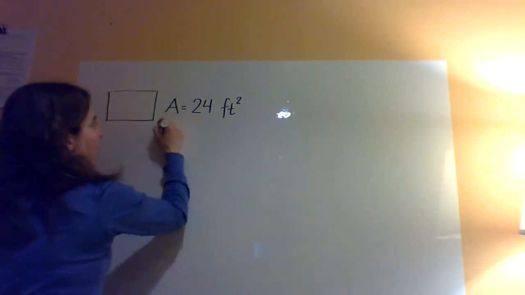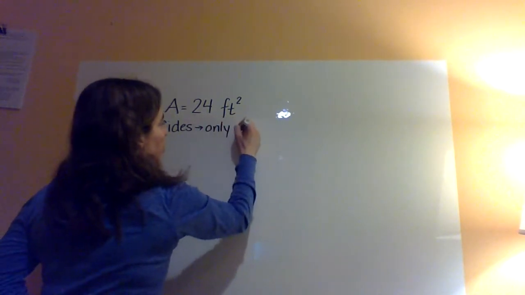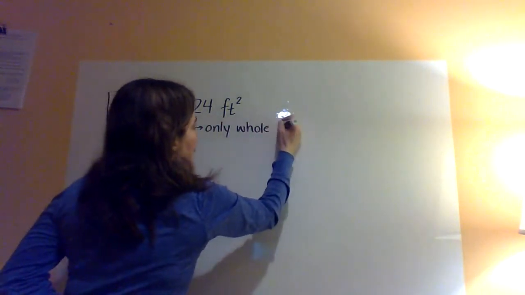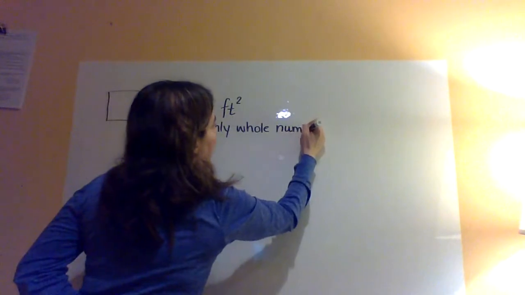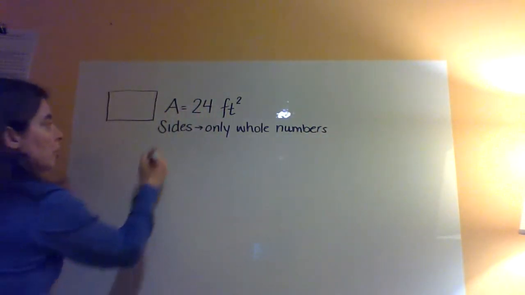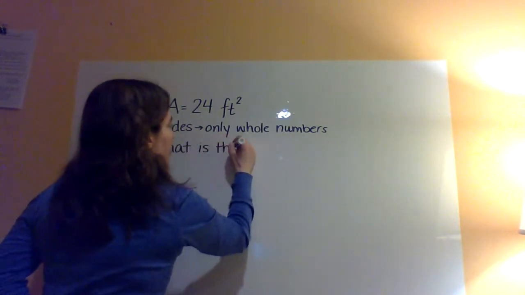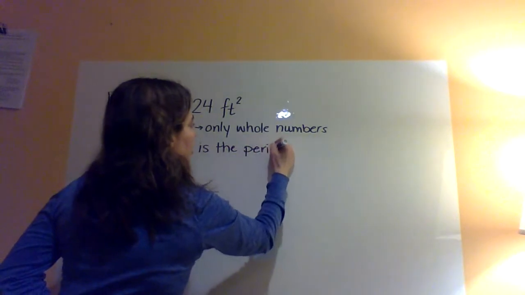And we want the sides of this rectangular garden to only be whole numbers. So one side might be 3 feet, but not 3.7 feet, okay, for this. And we want to know what is the perimeter of this garden.